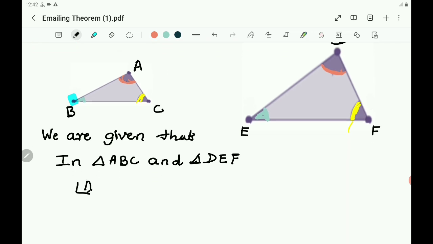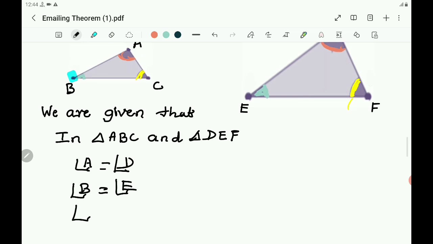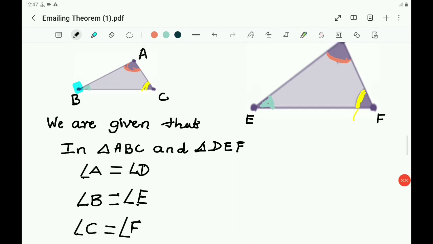Next you write angle B equals angle E, and angle C equals angle F. Here we have taken the given: angle A equals angle D, angle B equals angle E, angle C equals angle F.